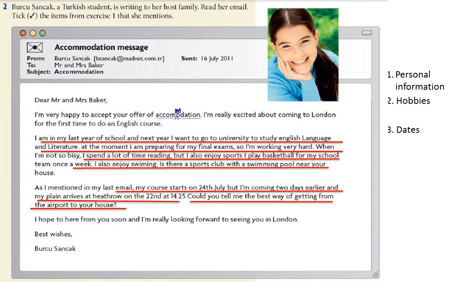She is asking about transport. So the four items of information are personal information, hobbies, dates, and transport. We can say that her name also is personal information.